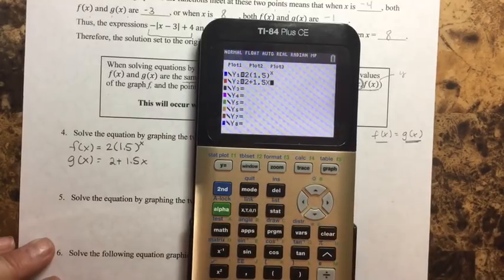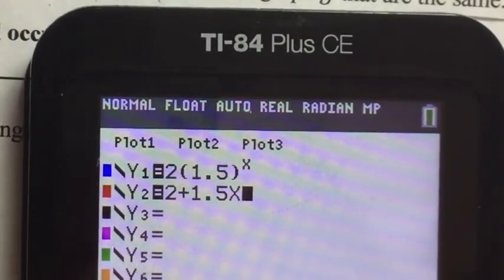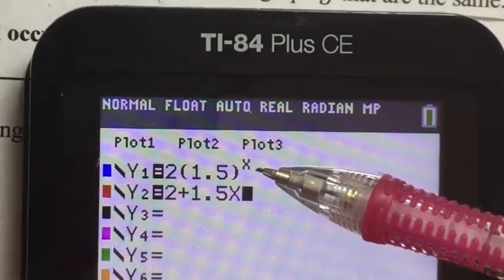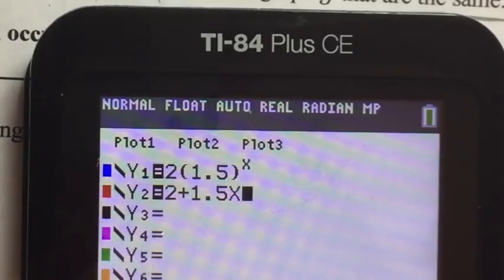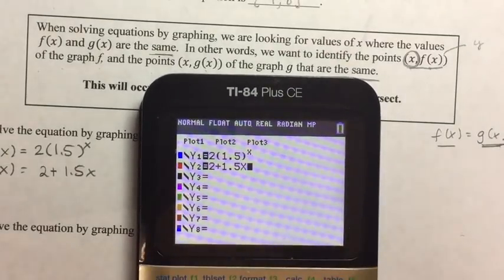Now, you guys notice the difference between these 2 functions. This one is an exponent x. This one's just multiplied by x. So make sure you get those into your calculator correctly, because you'll surely not get the right answer if you don't, all right?